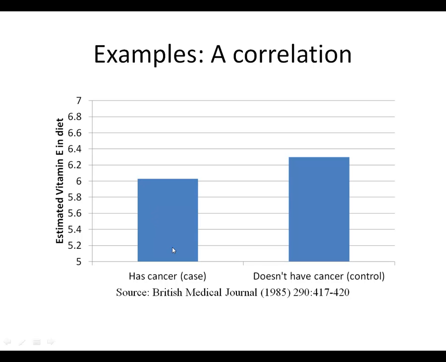So they took a bunch of people. This was a large sample, I think in Finland. They asked a whole bunch of people what they ate in one day. And from that, they assumed that the amount of vitamin E in that day's diet was typical of what they ate every day. Okay.